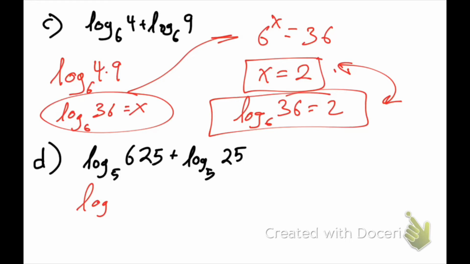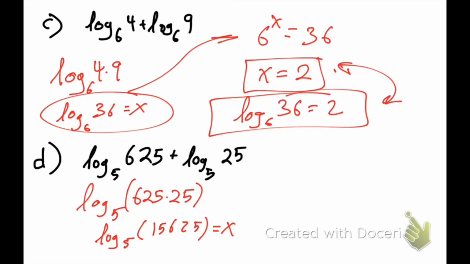Example D, log base 5 of 625 times 25. We get log base 5 of 625 times 25, which is 15,625. Set equal to x.